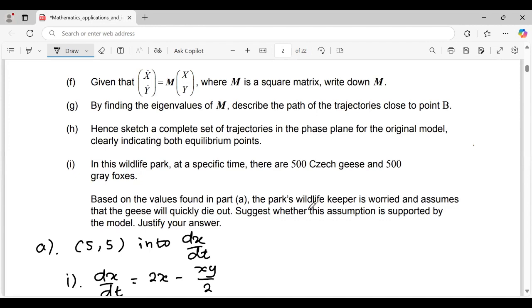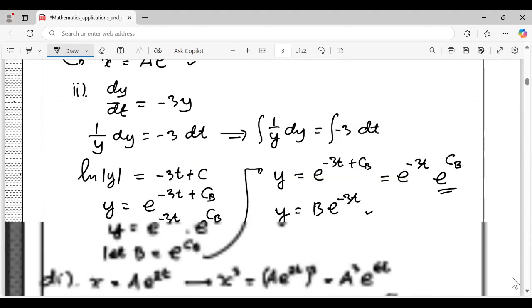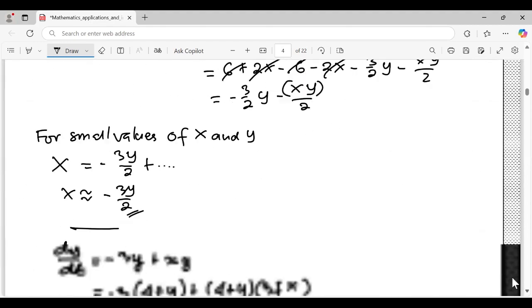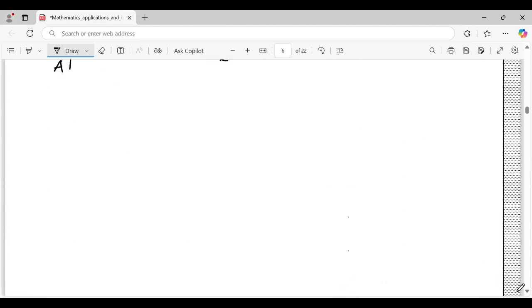Suggest whether this assumption is supported by the model. Justify your answer. I'm going to write my opinion about this question.